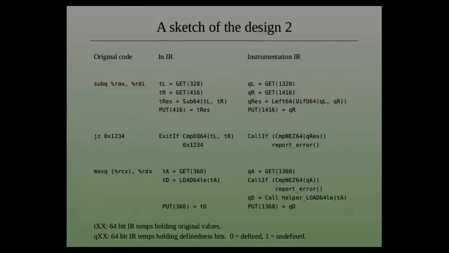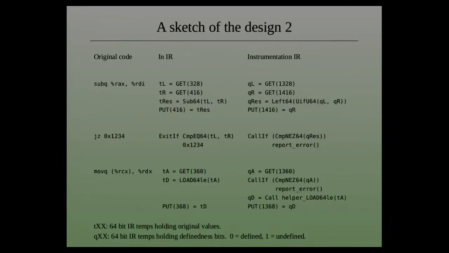And we're doing this UifU primitive, which means undefined if undefined, so taking the worst case. And then we have another primitive called Left64, which simulates the worst case carry propagation. So qres becomes the value which tells you something about how defined the result is, and then we put it back in the simulated shadow register.